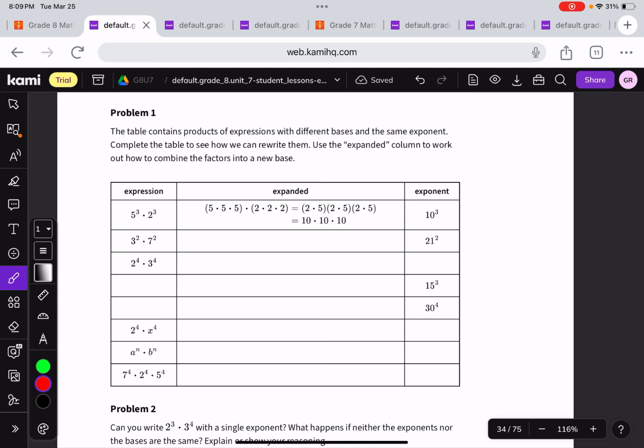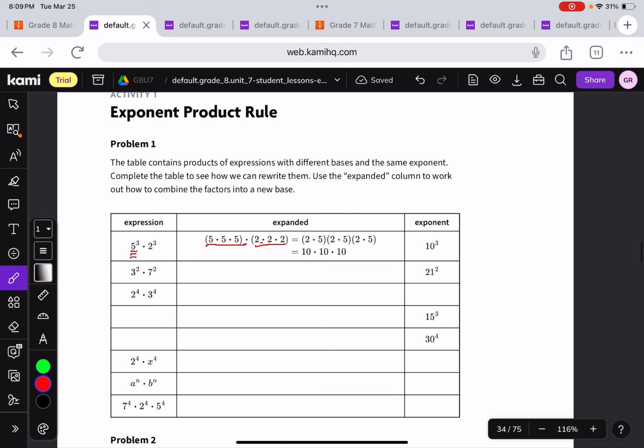If we look at the warm-up problem, or at least the one they gave us, that's 5 times 5 times 5, 5 to the 3rd, times 2 to the 3rd. Well, if you remember multiplication, 8 times 2 is the same as 2 times 8. I can rearrange it in any order I want, and I still get 16, right?